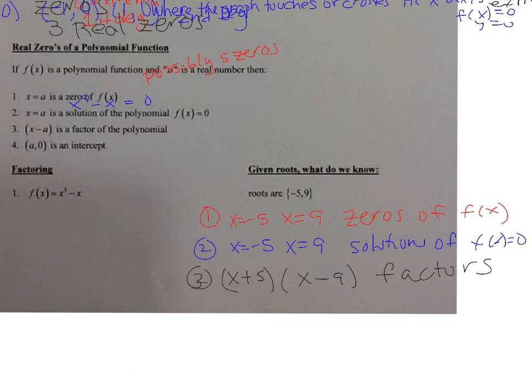And the last thing I know is that, I'm just going to change the color here. Number 4 is that negative 5, 0, and 9, 0 are my x-intercepts. Okay, so let's flip it over and take a look at the back.